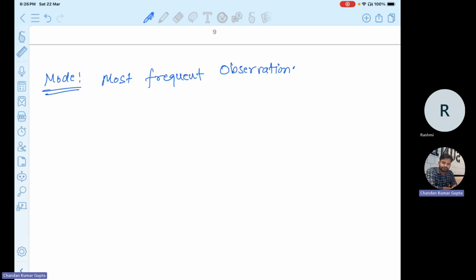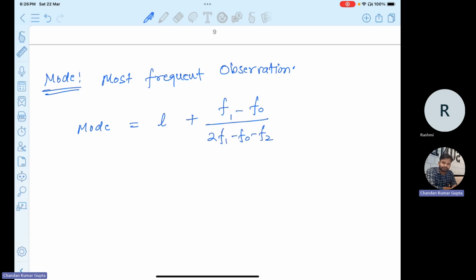When we have grouped frequency data, the formula for mode is L plus f1 minus f naught upon twice of f1 minus f naught minus f2, into h. Here L, f1, f naught, f2 and h are defined on the basis of the modal class.